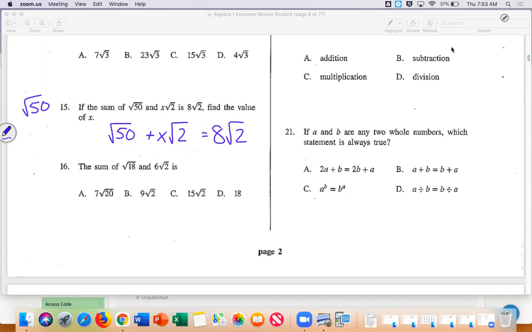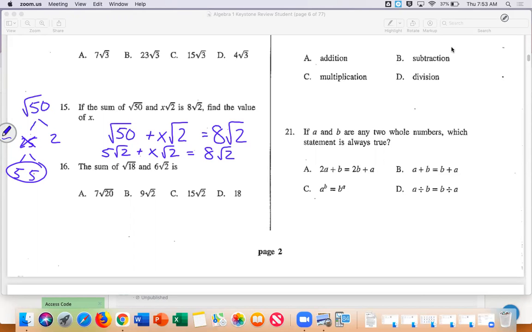Can you give me two numbers, Delaney, that go into the square root of 50? Perfect. And I really like 25 because 25 is going to give me 5 and 5, right? So root 50 becomes 5 root 2 plus x root 2 equals 8 root 2.